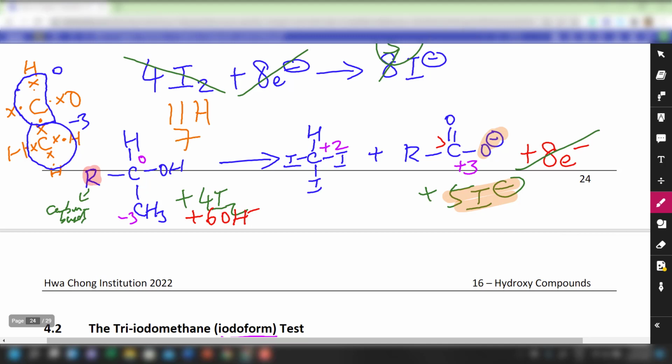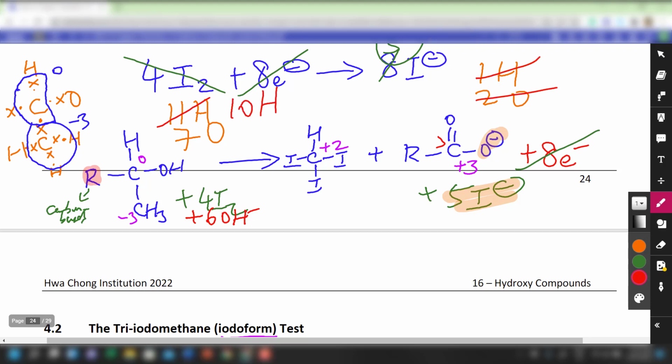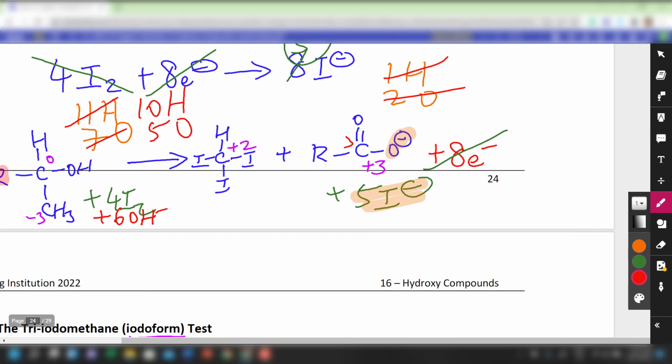On the right hand side we have 1 H and 2 O's. And then what do you notice? If I simply do a cancellation, 11H cancel 1H, left with 10H, and 7 O's cancel 2 O's, left with 5 O's. So there's a balance of 10H and 5 O's I need to balance on the right hand side. Therefore, I'm going to get 5H2O.